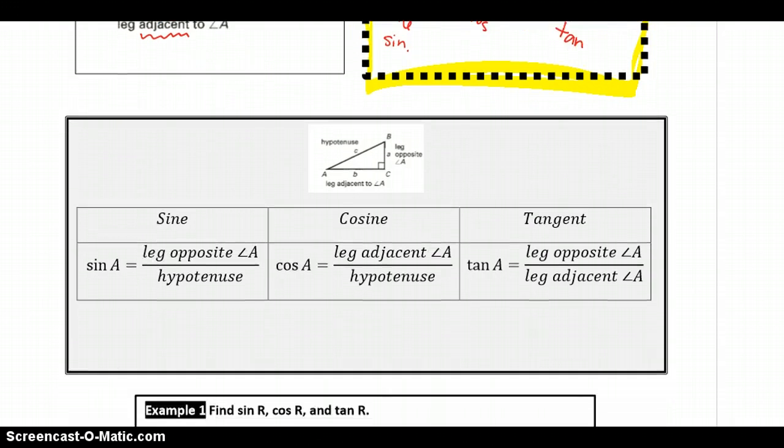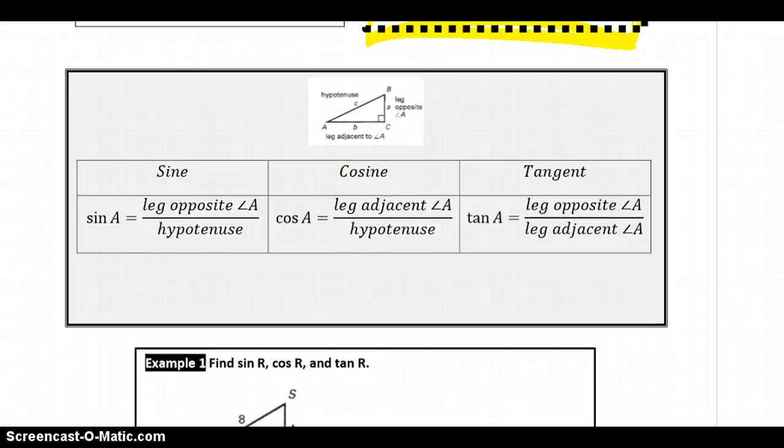And then those other letters represent sides of the triangle. So what this tells us is that if we take the sine of angle A, so this angle here, that is equal to the ratio of the leg that's opposite of angle A over the hypotenuse.